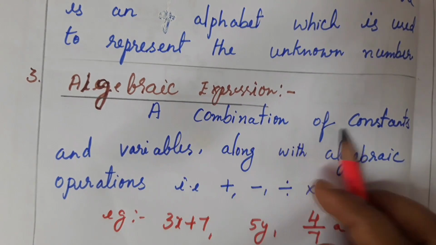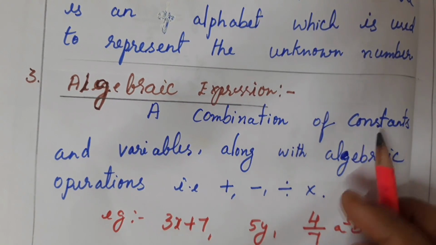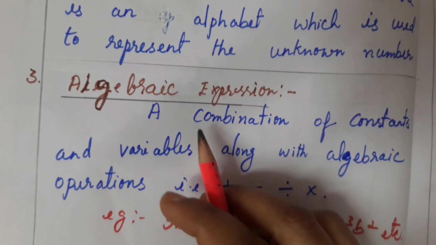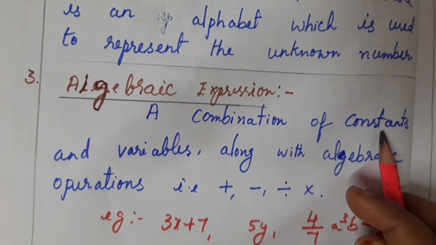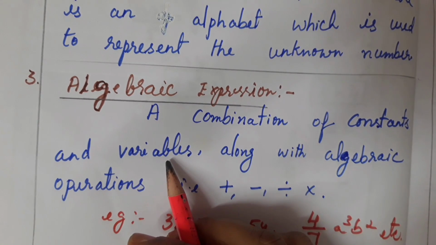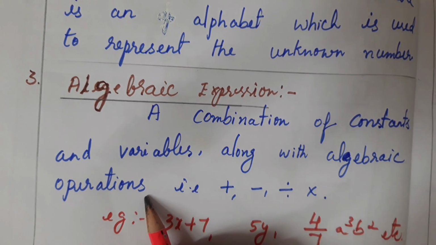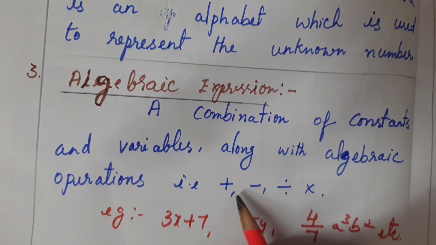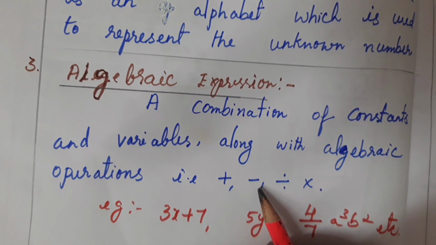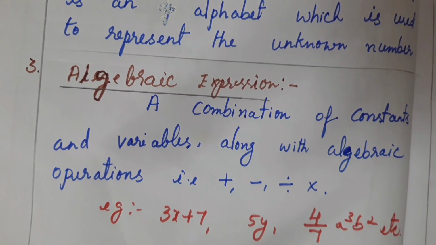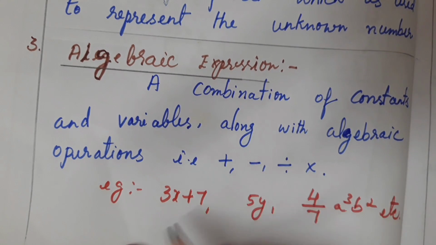A combination of constants, meaning numbers, and variables, meaning alphabets like X, Y, Z, P, Q, any letter we can write, along with algebraical operations. In the middle there should be plus, minus, division or multiplication symbols. In between there should be some symbol.